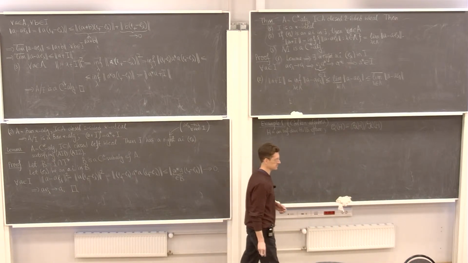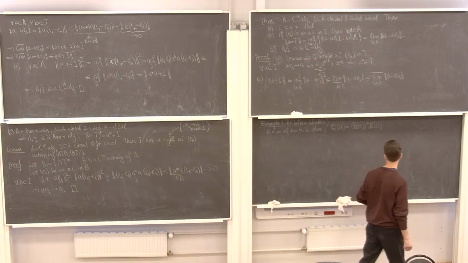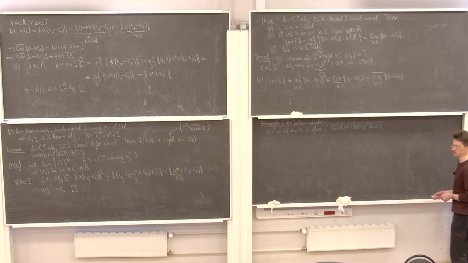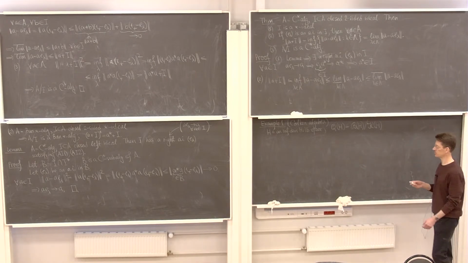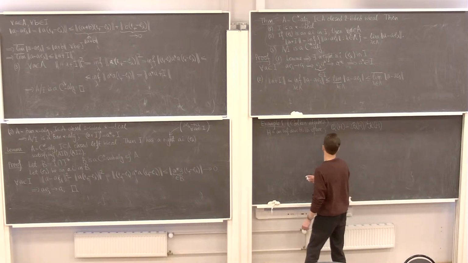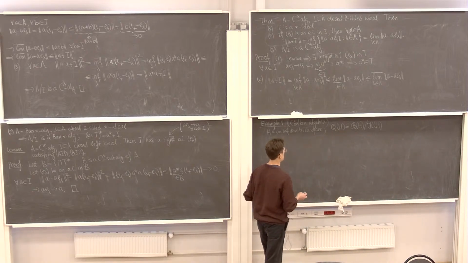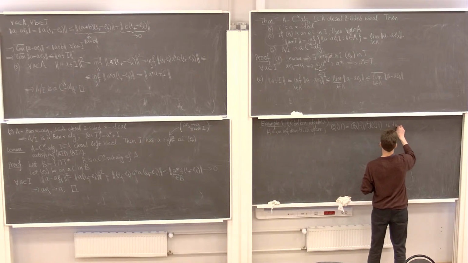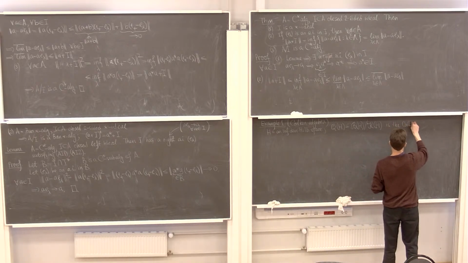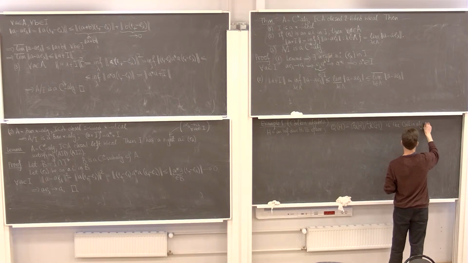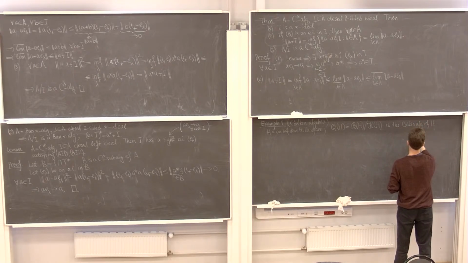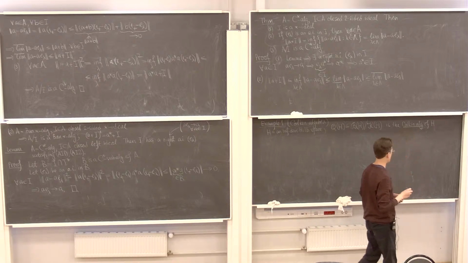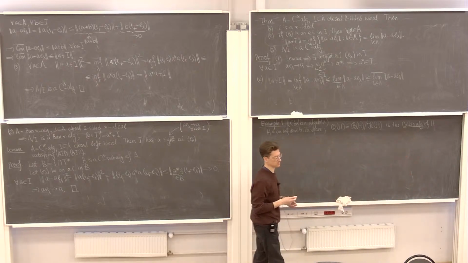Well, the compact operators form a closed two-sided star ideal, and we already know that the quotient is a C-star algebra. And this C-star algebra is called the Calkin algebra of H. So our theorem implies that this is a C-star algebra.